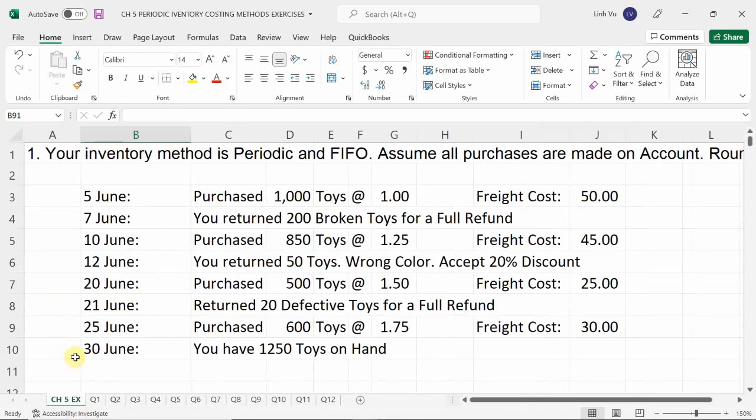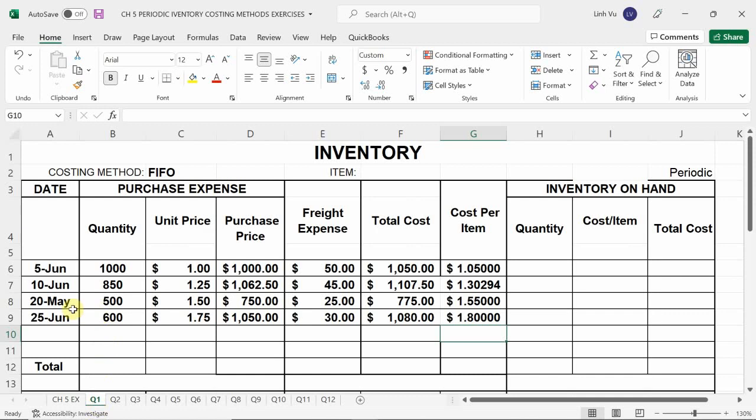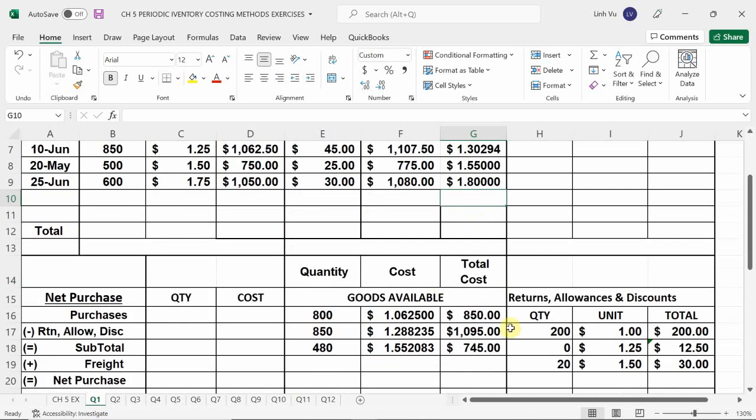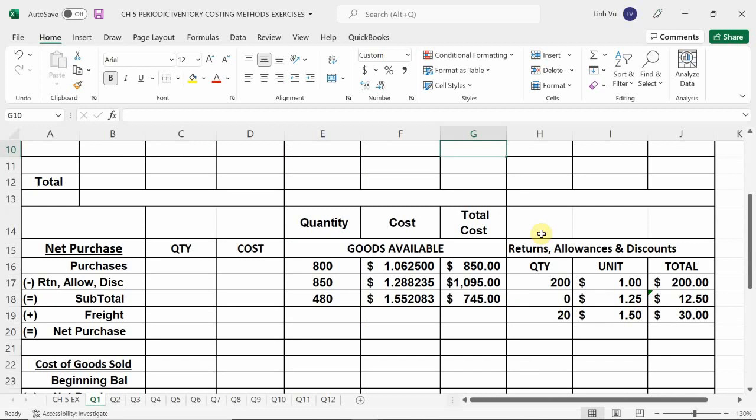Now, five days later, you end up counting your inventory. In this case, you were given that you had a total of 1,250 units left. That means for this batch of inventory, I did not make any returns or many changes to it.